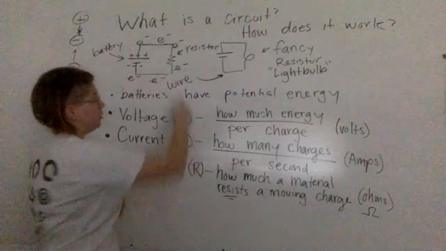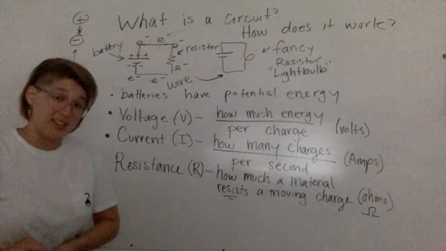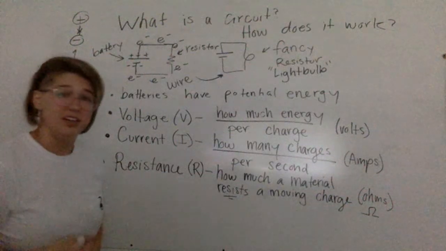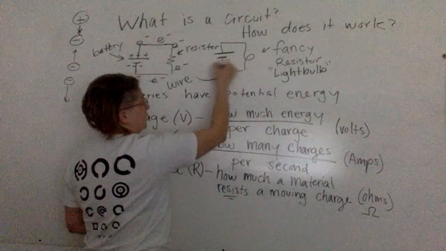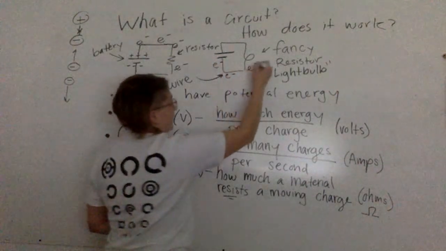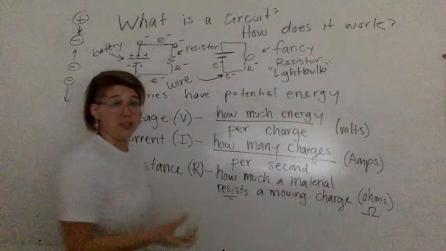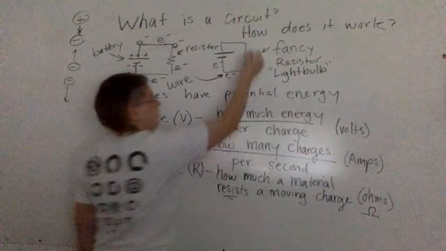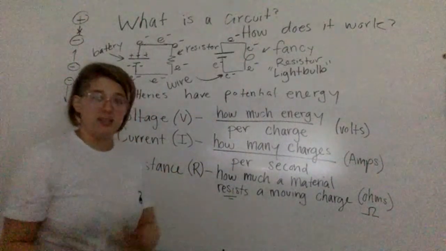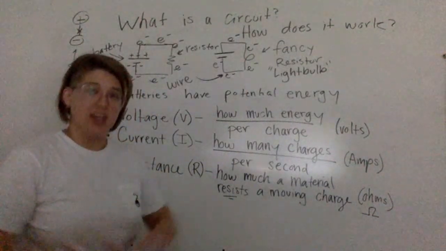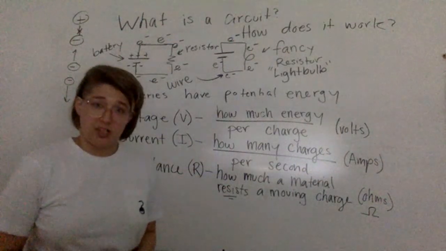And if you put a resistor in there, it stops them from going so fast they get excited and light things on fire. If we put a light bulb there, we can make the electrons do things that we want. As the electron travels, it carries energy with it, and before it can go back and hang out with the protons, it needs to lose that energy.